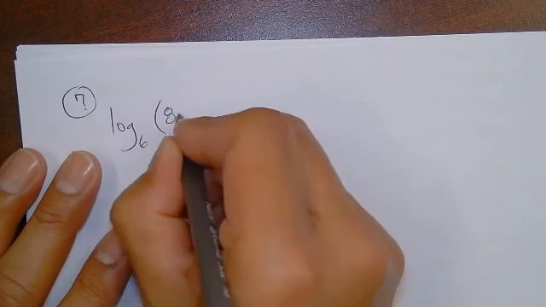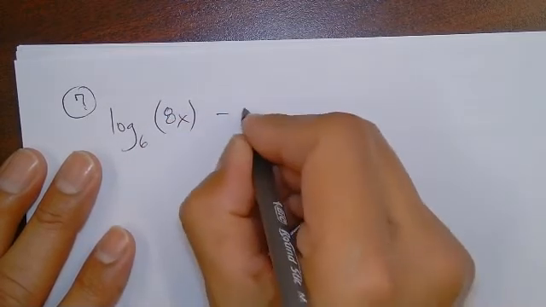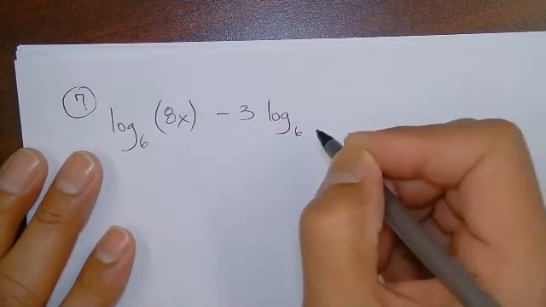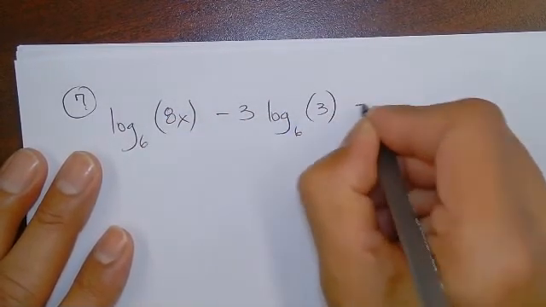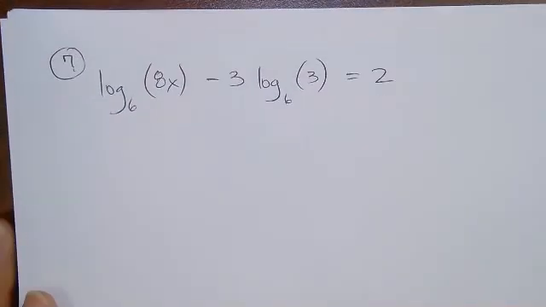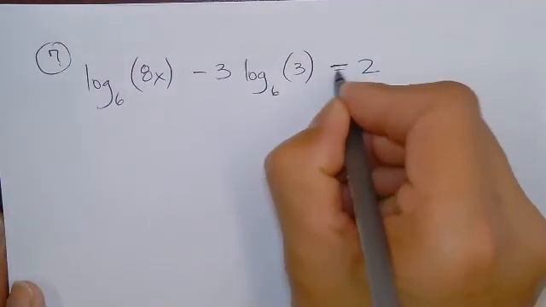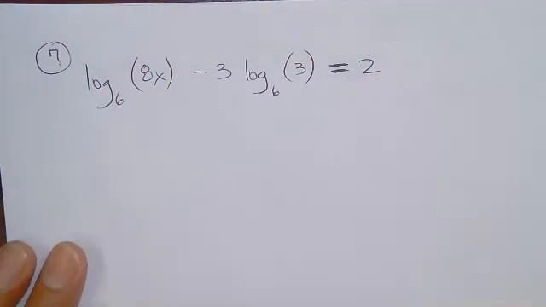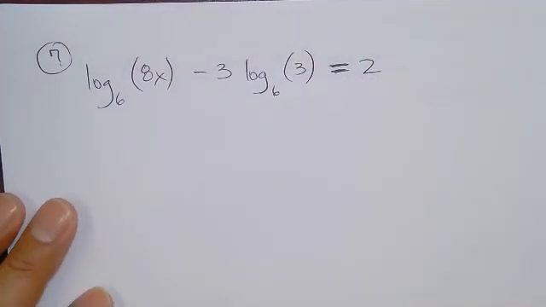Okay, last one. Very similar to this one. Log 6, so we're going to go quicker. Log 6 of 8x minus log 6 of 3 equals 2.